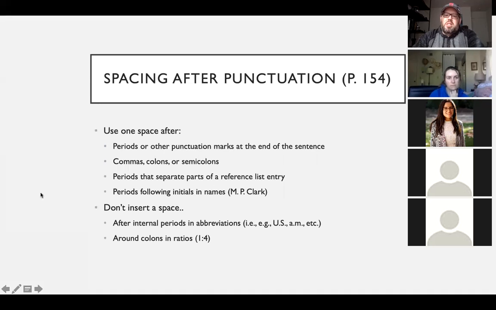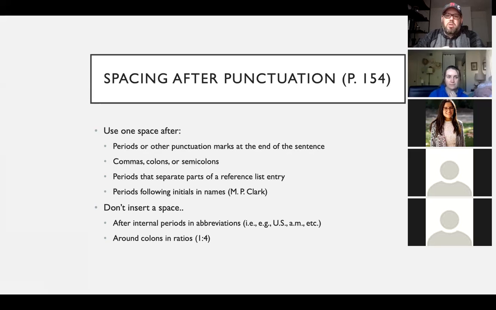Additionally, there are specific spacing rules after punctuation. I'm going to cover a couple of them, but there is more detail on page 154 of the manual that you can take a look at. In 7th edition APA, we are to only use one space after a period or other punctuation marks at the end of a sentence.